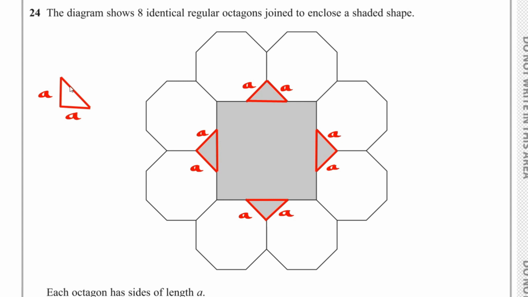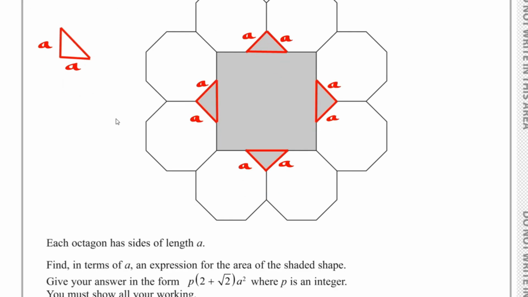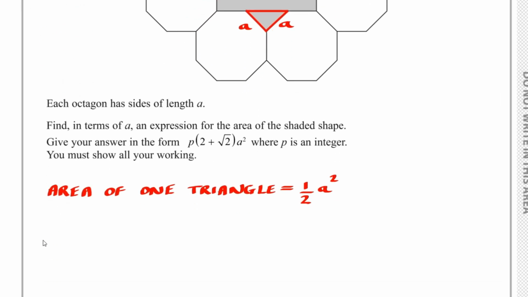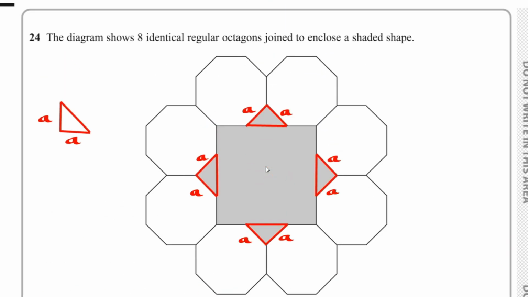So what I need to do is find out what this length is, which is the same as this length, and using Pythagoras, that's equal to A squared plus A squared square rooted, which is equal to the square root of 2A squared, which is just equal to root 2A.